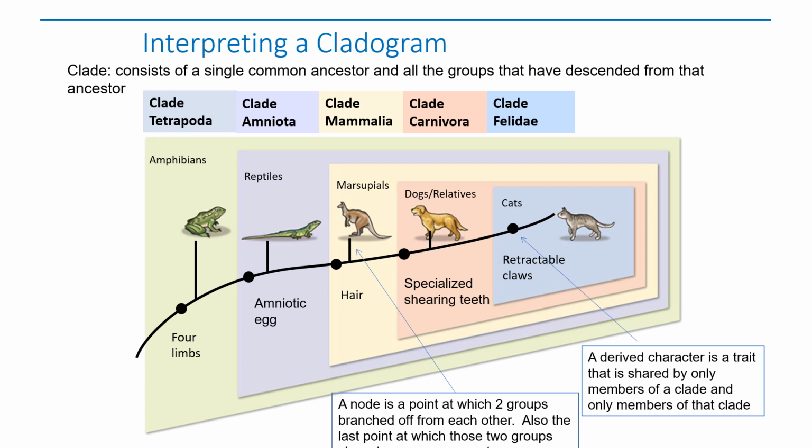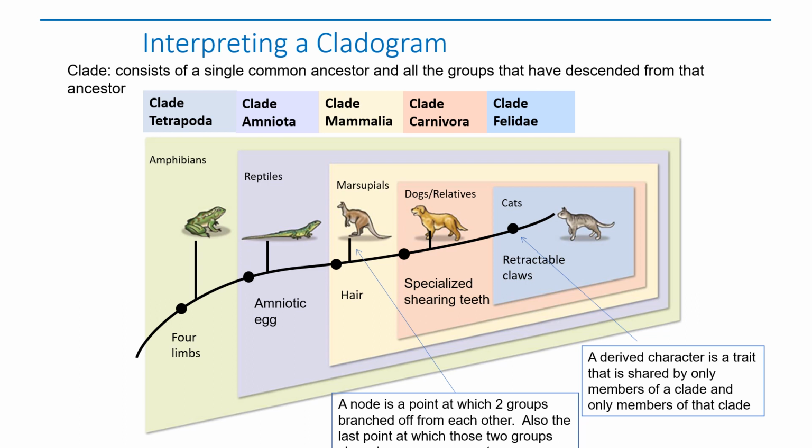So for example, looking at this one, we see the amphibians, and we see that after the presence of 4 limbs, all of these particular organisms have 4 limbs. But then you see the amniotic egg. And so when we look at the amniotic egg, this is something that's unique to the reptiles, the marsupials, the dogs, and the cats, but not to the amphibians.